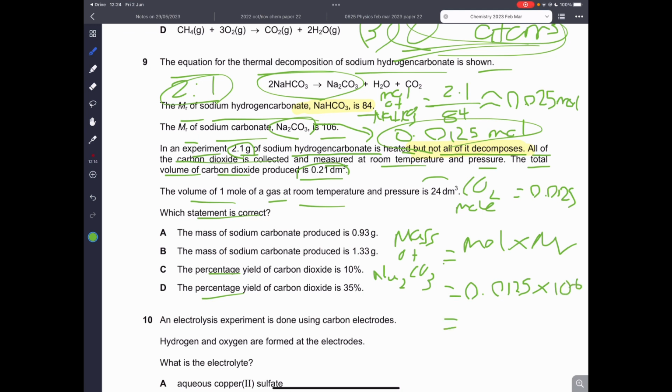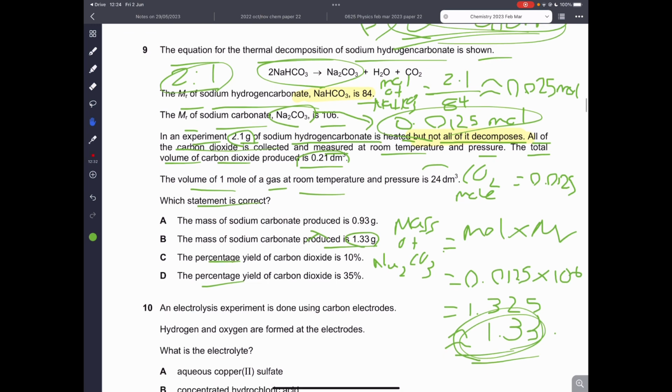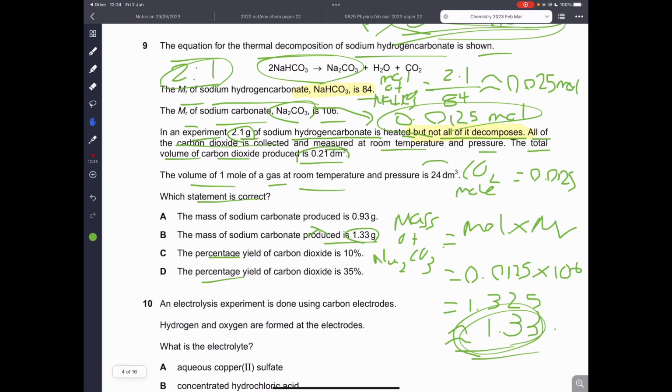When we multiply them together, we get 1.325, which is approximately 1.33. But you might know the mass of sodium carbonate produced is not 1.33. This is what would have been produced if all the sodium hydrogen carbonate had decomposed. But remember, the very important part in this question is that not all of it decomposes, and therefore this is only its theoretical mass.